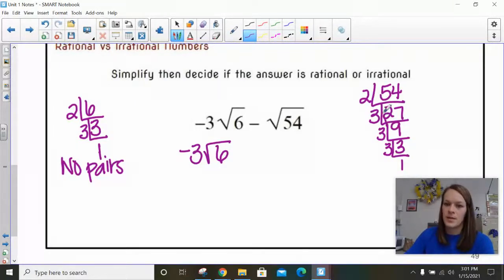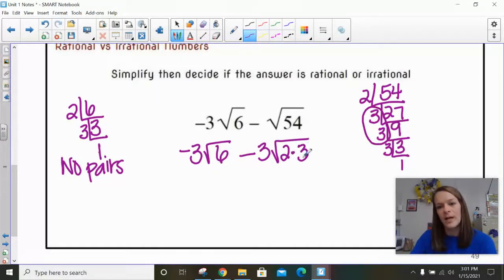Here you have a pair of 3s, so that's going to come out. The minus sign I'm going to drop down with a 3 on the outside. On the inside, I will have this 2 and this 3, and I'm going to multiply them together. My pair came out, the other 2 stayed in.